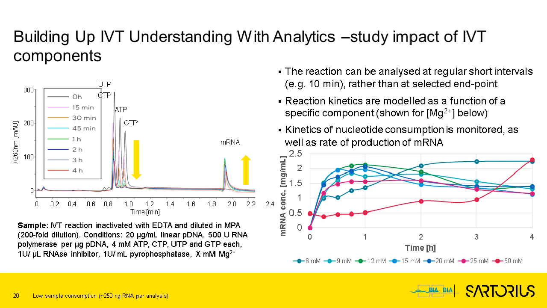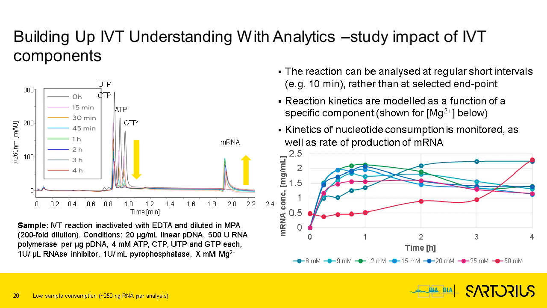So if a protocol suggests leave the reaction for 2 hours, we often find that the reaction actually plateaued after half an hour, and that leaving the reaction for up to 2 hours actually starts to be detrimental to the quality of mRNA.